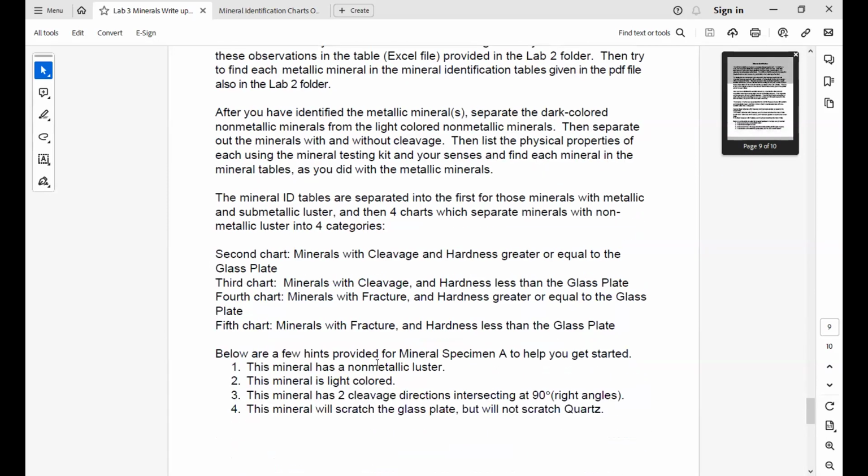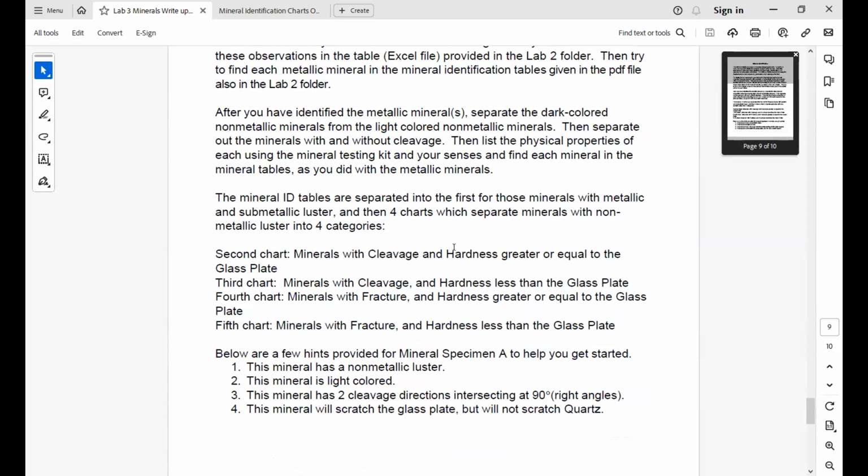So I'm going to also show you these mineral charts that I'm referring to. When you've got all of your attributes of your minerals written down on your chart, then we have these 5 mineral charts that are there in the folder for this lab, and I'll show them to you in just a minute, that separate out the minerals into basically 5 categories, because one's for the metallic and submetallic, and then 4 charts which separate minerals with non-metallic luster into 4 categories.